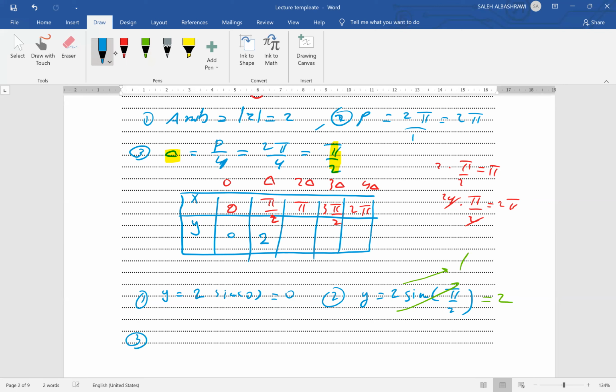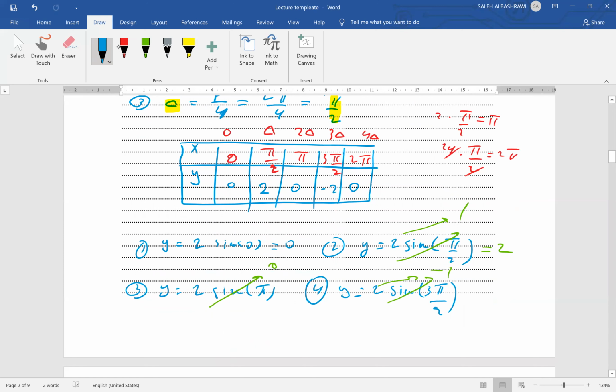Third point, y equals 2 sine of pi. Sine of pi is equal to 0, so 2 times 0 is 0. Fourth one, y equals 2 multiplied by sine 3 pi over 2. Sine 3 pi over 2 is equal to minus 1, so minus 1 times 2 gives me minus 2. And the last one, when it is 2 pi, sine of 2 pi is equal to 0, multiplied by 2 equals 0.